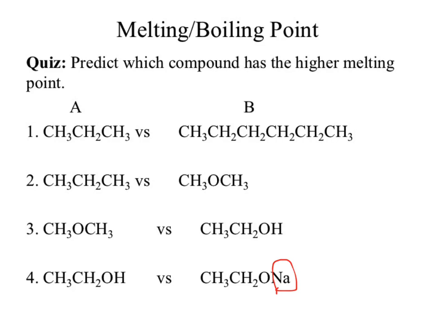So is a polar covalent bond weaker or stronger than ionic? Stronger bond, which means the ionic bond is going to generate the stronger ionic force, which means that's going to have the higher melting point. They don't separate easier, it's harder to separate.